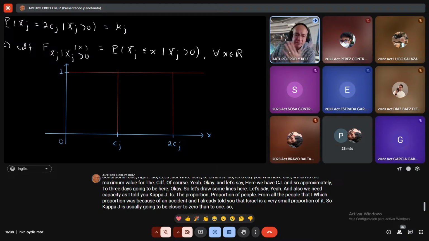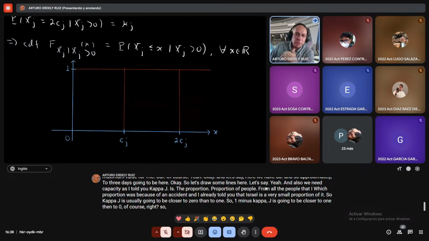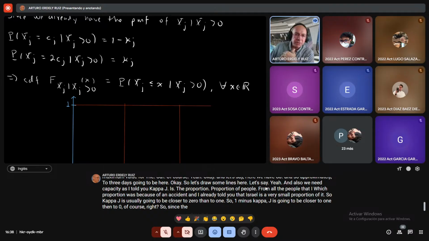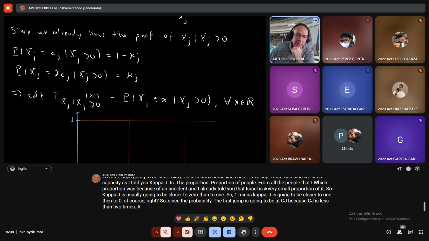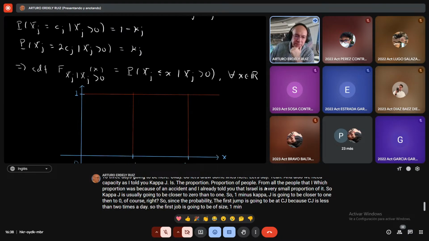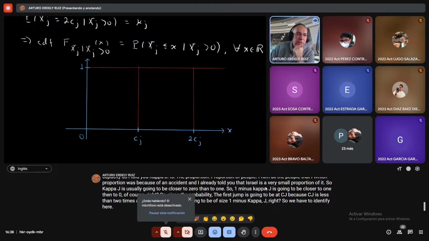So 1 minus kappa J is going to be closer to 1 than to 0, of course, right? So since CJ is less than 2 times CJ, the first jump is going to be at CJ and of size 1 minus kappa J, right? So we have to identify here a value 1 minus kappa J.